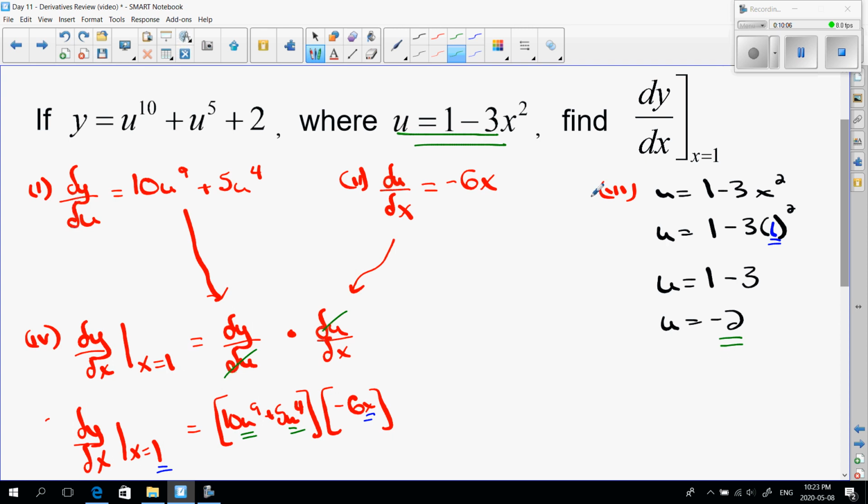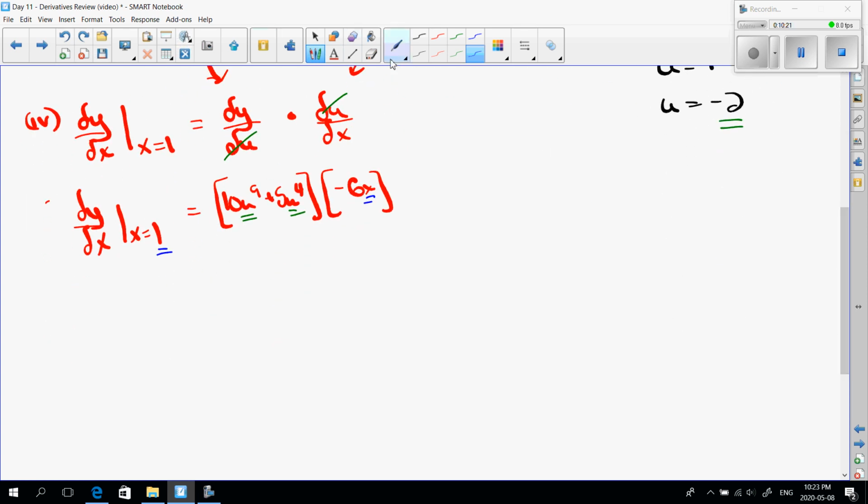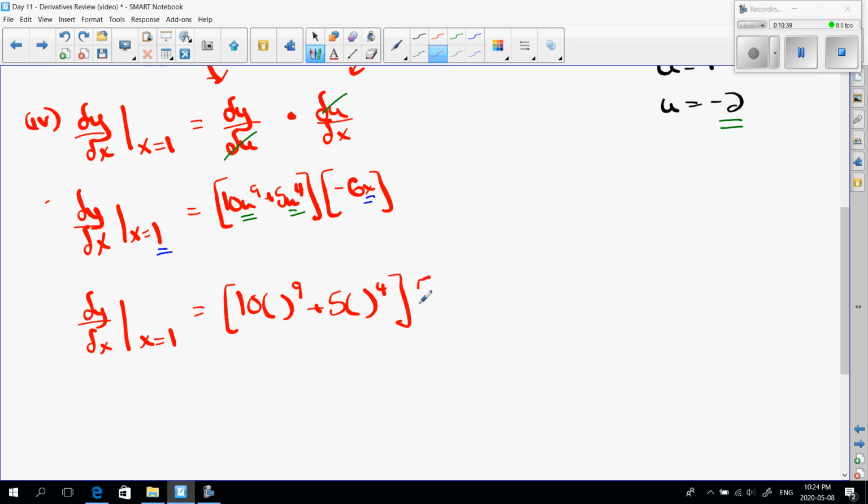So now I know my u value. And again, where did this come from? Right here. I was able to figure out what u was by filling this x value into this equation. And now I'm ready to rock and roll. Now I can work this problem out. dy over dx when x equals 1 is going to equal 10 times -2 to the 9th plus 5 times -2 to the 4th, and then -6 times 1.